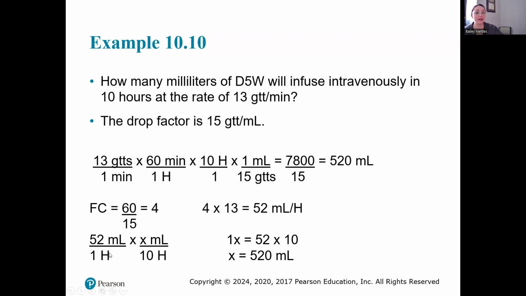So now we have milliliters per hour, and we want to know how many milliliters will be given in 10 hours? So you could just multiply by 10, or you can do the ratio and proportion way: 52 milliliters is equal to X milliliters, 1 hour over 10 hours, you cross multiply, you get X equals 52 times 10, X equals 520.